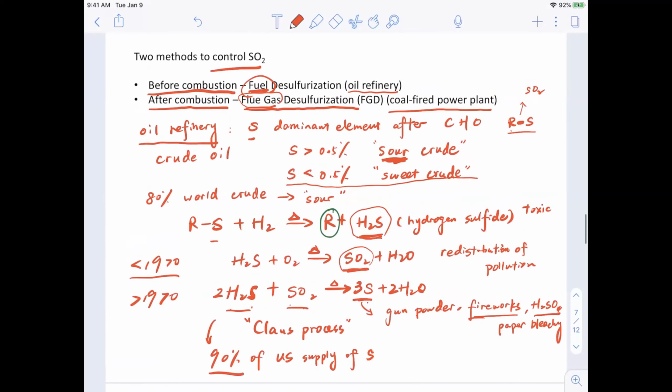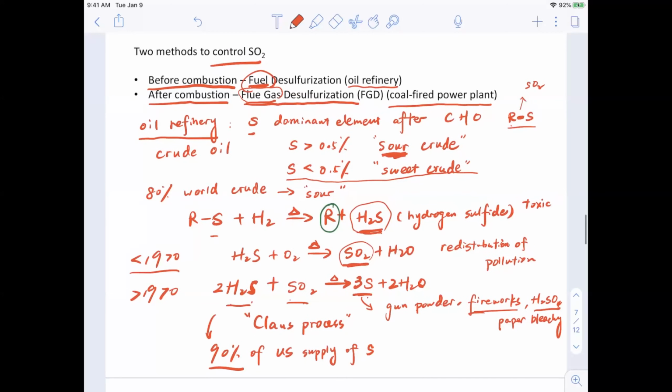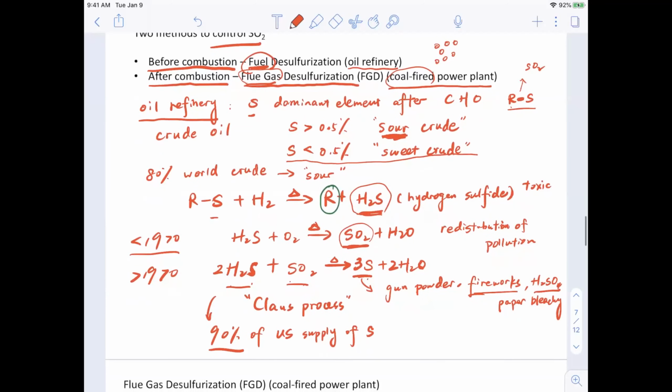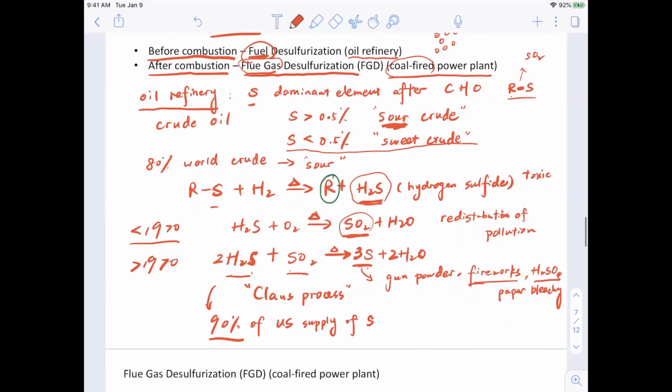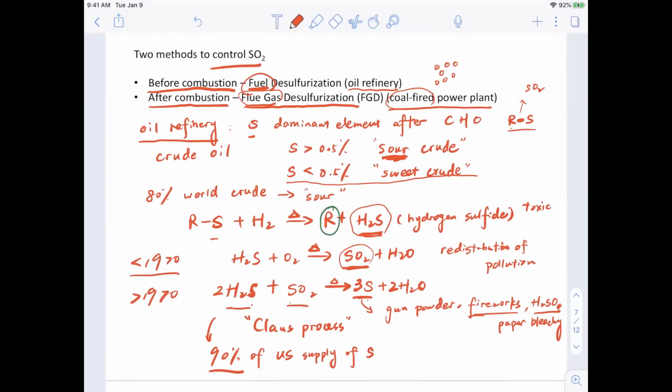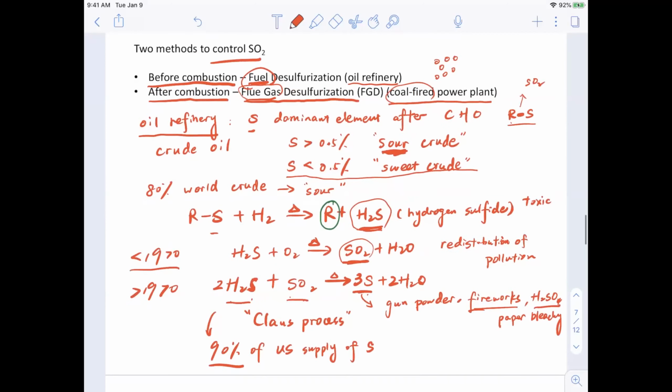And then you may wonder, so why can't we use the same method, the fuel desulfurization, for coal-fired power plants? So why can't we use this method for coal, which are basically solid black particles that we dig out of the mine? There are certainly difficulties with this method because here, the reaction is taking place in the liquid form or in the gaseous form, right?